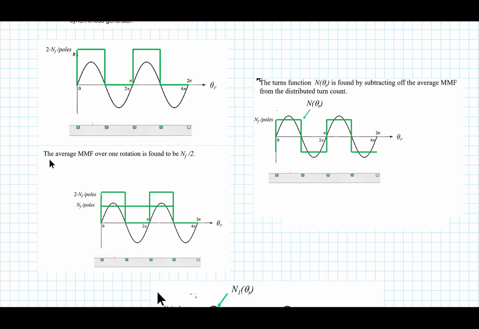What I want to do now is to analyze the magnetomotive force, or the MMF, that is going to be produced by the field winding. And that's the MMF that's behind the flux density that we were just discussing.